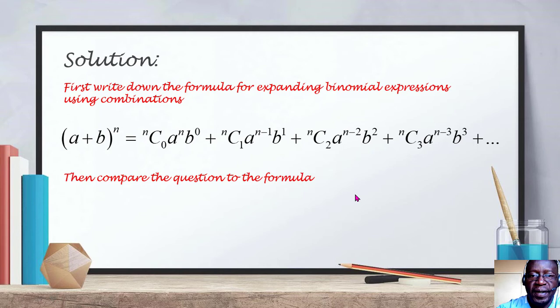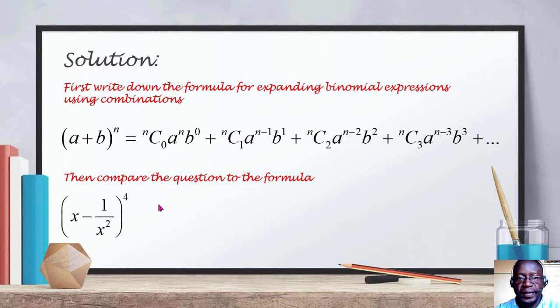Then we compare the question at hand to this formula which we have written. Here's the question: x minus 1 over x squared raised to the power 4.